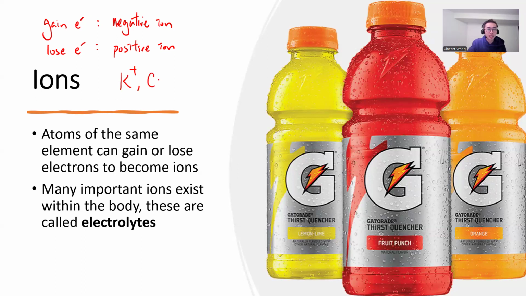We have potassium, calcium, magnesium, chloride. All these are important electrolytes that we need to have. When you're running low on electrolytes, you might experience a little bit of shakiness in the hand. You might have shallow breathing. It's not good. So these electrolytes are ions. Ions are atoms that have either gained or lost electrons.